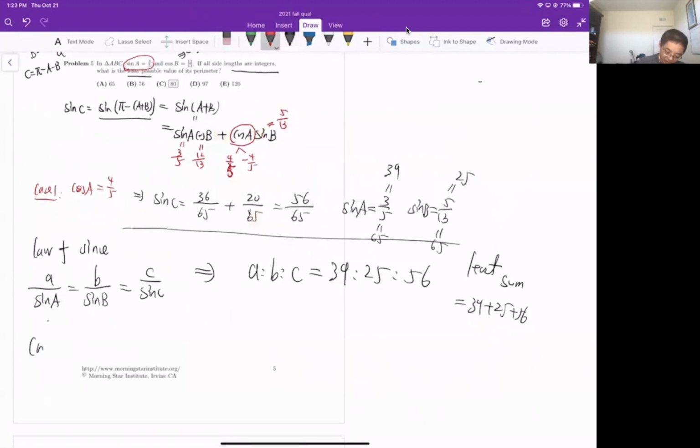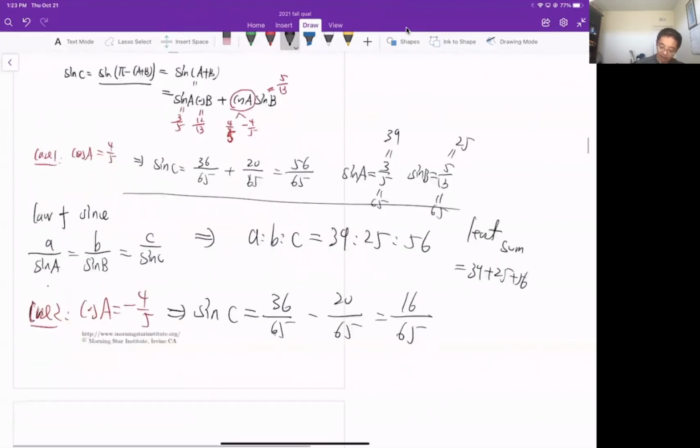Let's look at case two. In case two, cosine A equals negative 5/4, and for this case we get sine C will be 36/65 minus 20/65, so you get 16/65.